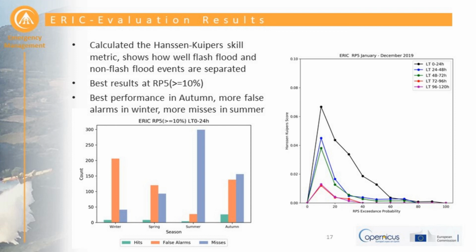So in a way, autumn was the time where ERIC had the most skill. Breaking it down spatially, that's distributed along the eastern coast of Spain and southern France, whereas when you go into winter, we got quite a few false alarms in Italy and the Balkans, whereas in the summer you get these convective events which are really difficult to capture.